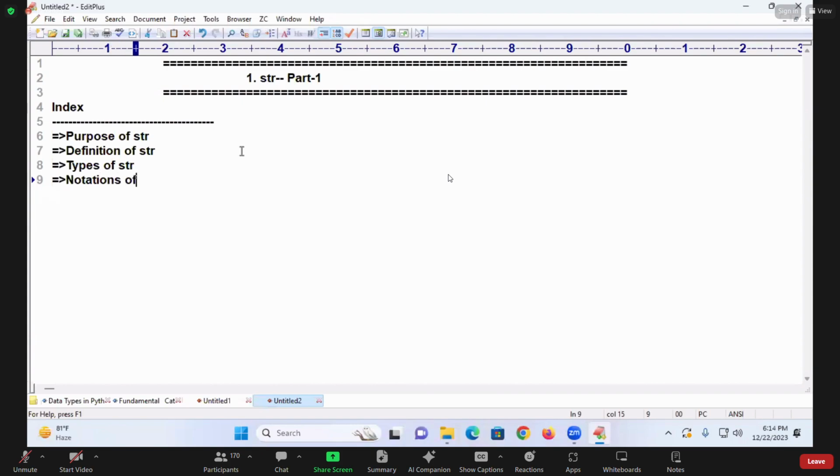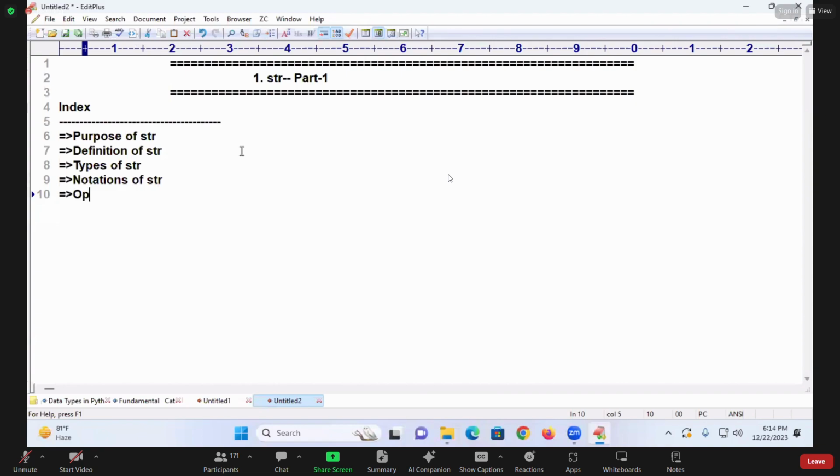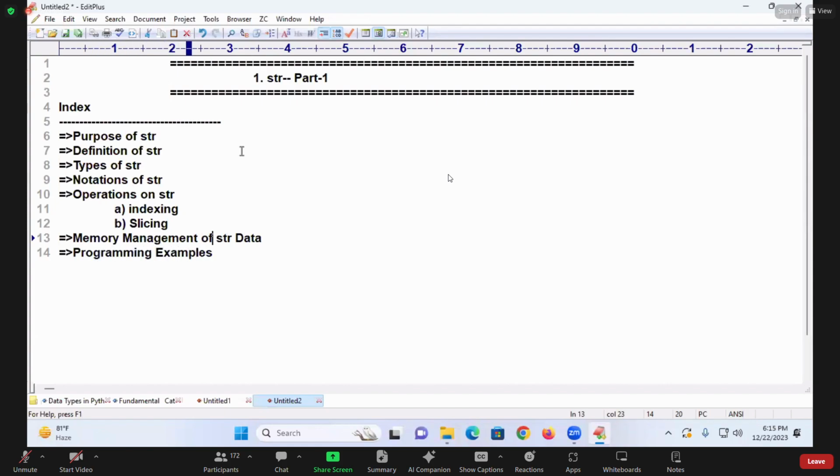Next we talk about operations on str, where we have the most powerful concepts: indexing and slicing operations. Next, memory management of str data, followed by programming examples. A lot of discussion will be coming in this, so follow carefully.